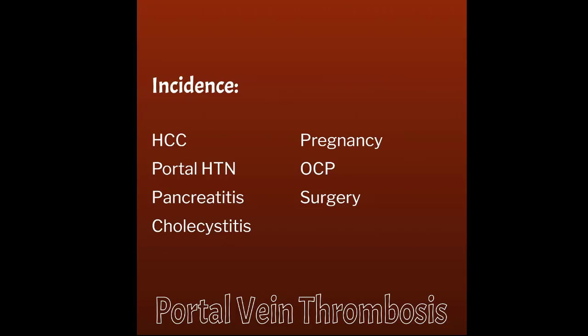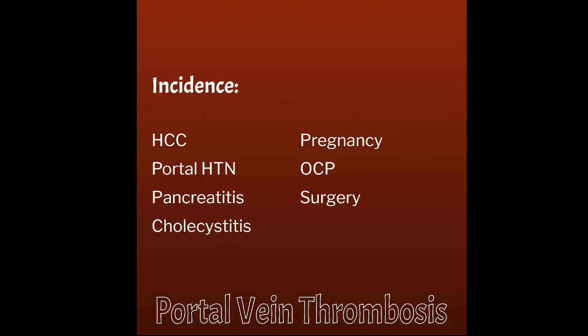It's not flowing at nearly the same rate, and so the blood can kind of start to get sticky on itself and start to kind of block things up. Same idea with pancreatitis. Pancreatitis is an inflammation of the pancreas, and that kind of infection can start to invade into the portal walls and cause blood clots in that sense. Same idea with cholecystitis. Infection can kind of drop into the portal vein system.